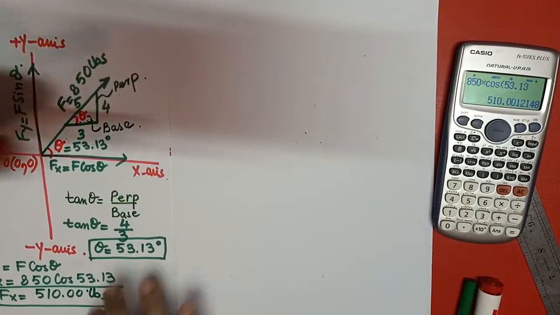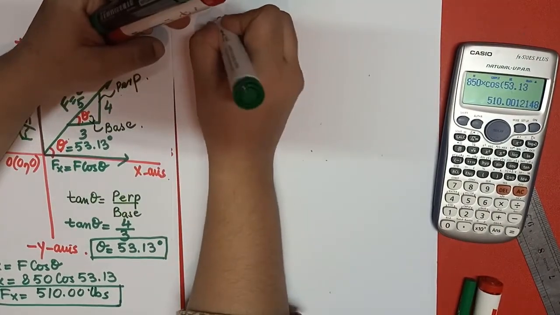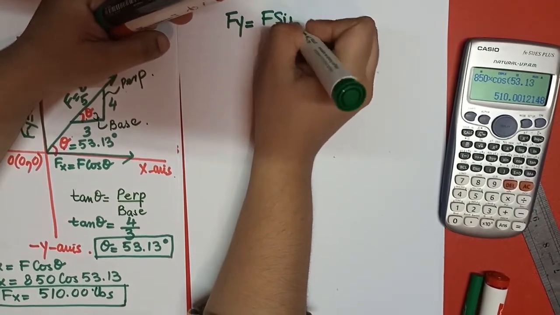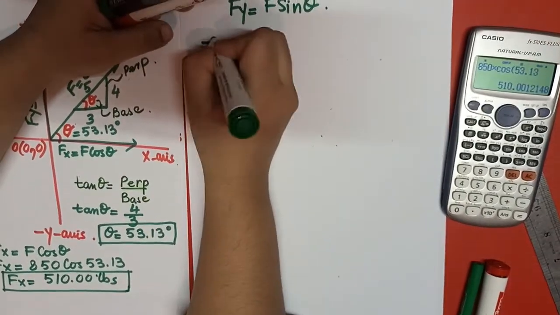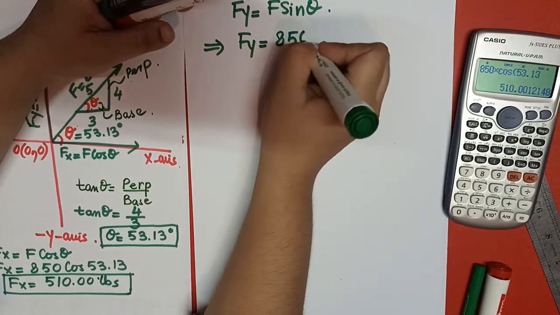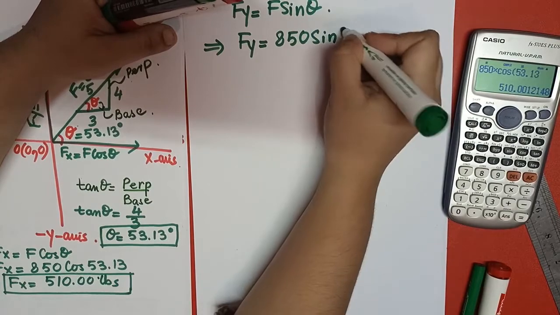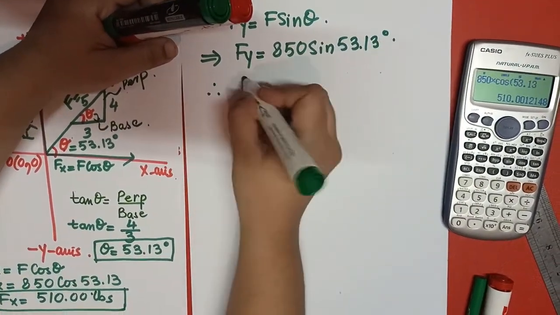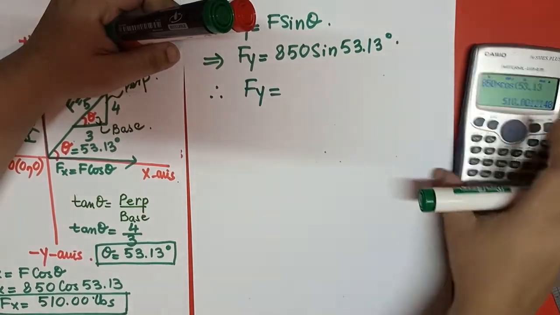So what do I need to find next? Fy. Fy equals F sin theta, so Fy equals 850 sine of 53.13 degrees.